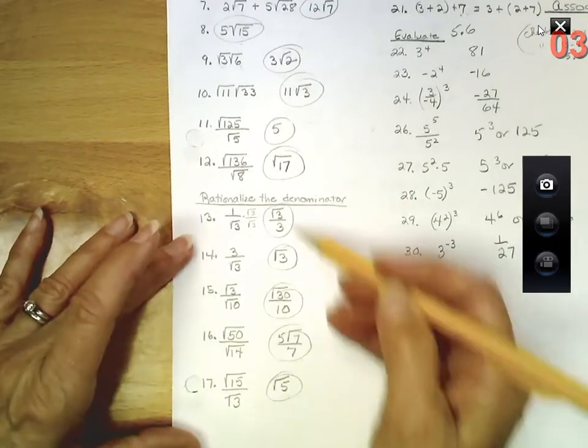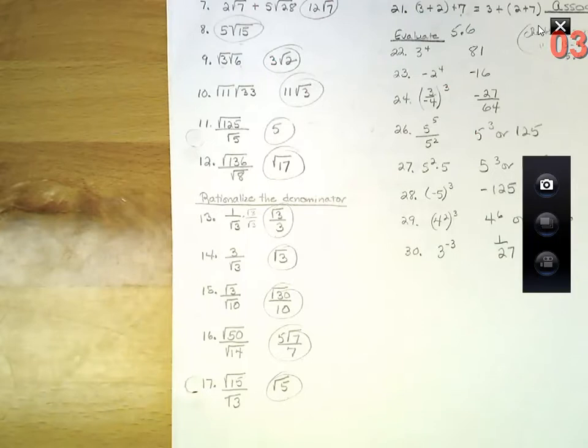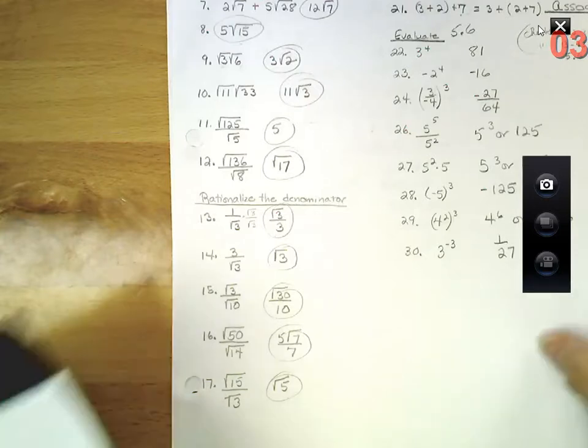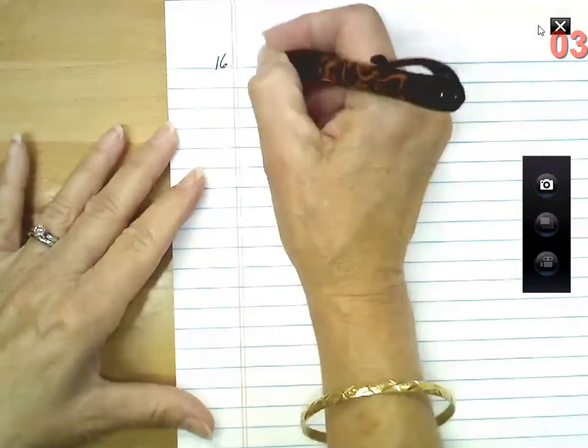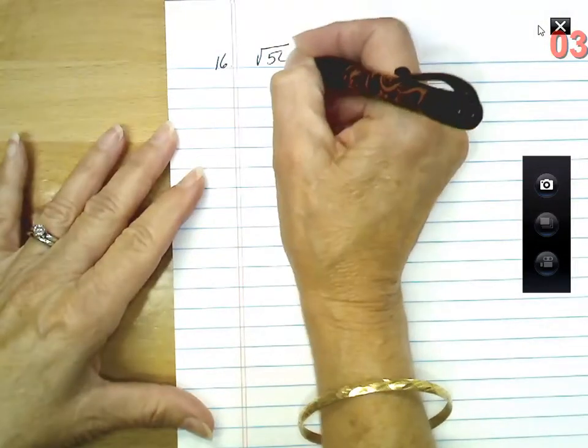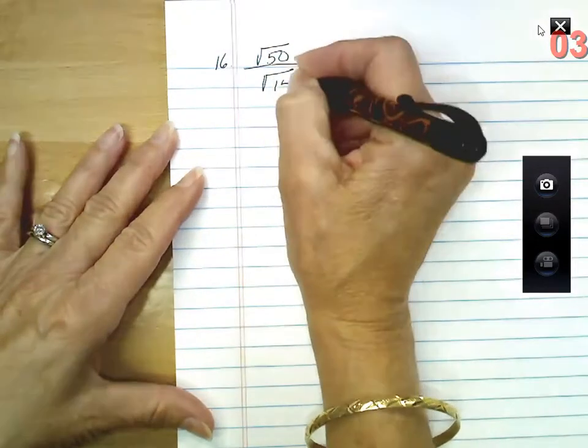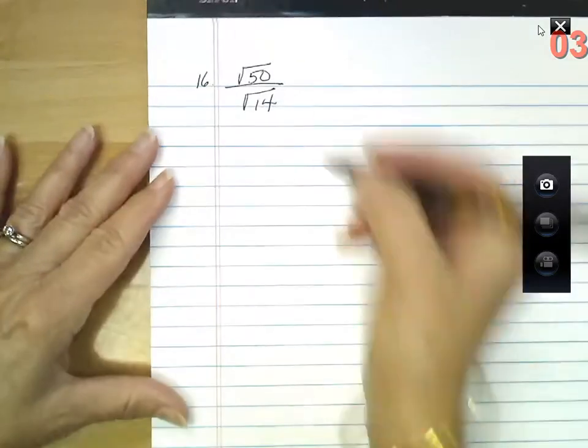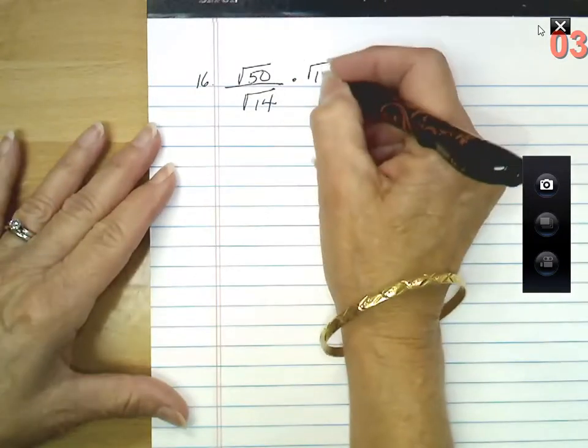Any of these that you need to see worked out? Can you show me 16? That one gave me trouble last week. Be glad to. Okay, 16 is the square root of 50 over the square root of 14. I'm assuming you did this.